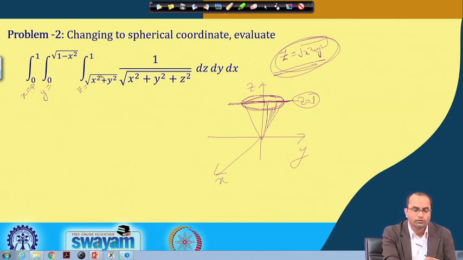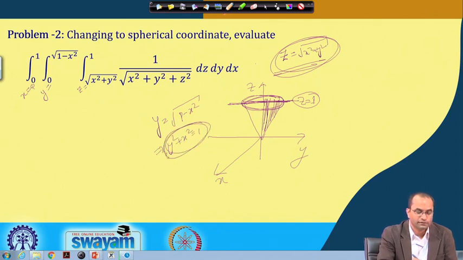So, z always moves from the cone to z is equal to 1. That is the direction of z. Then if we look closely, y is equal to square root 1 minus x square, that means y square plus x square is equal to 1.